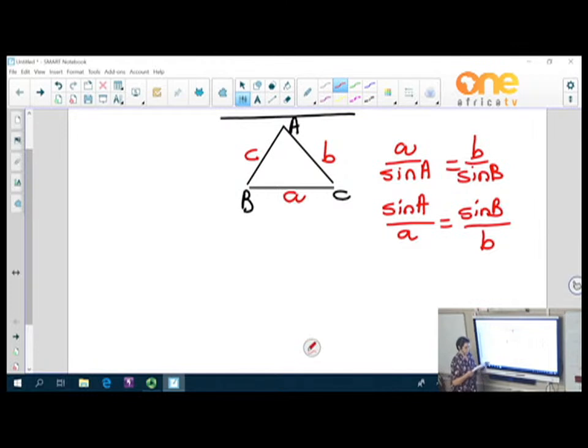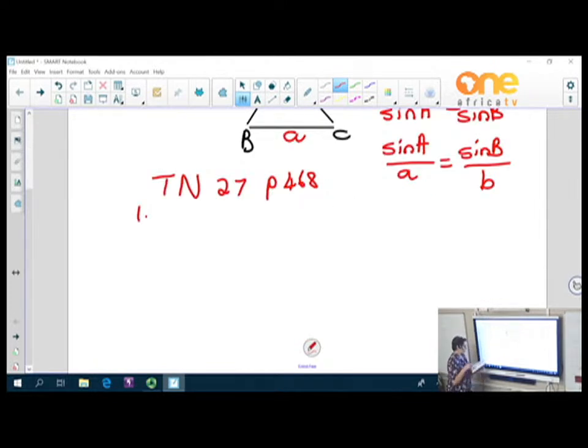Now in your textbook, this is now C, what we are talking about here. Now it is triangle LMN, and now they say that angle L is 60 degrees, angle M is 34 degrees, so I've got two angles there.